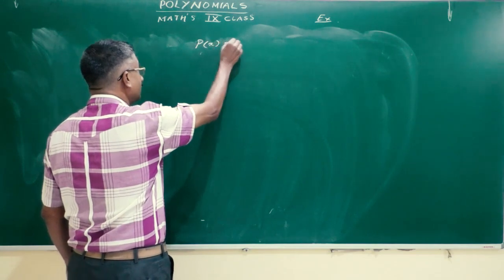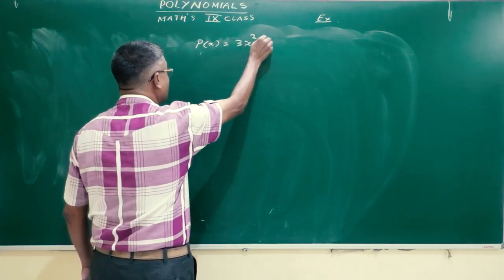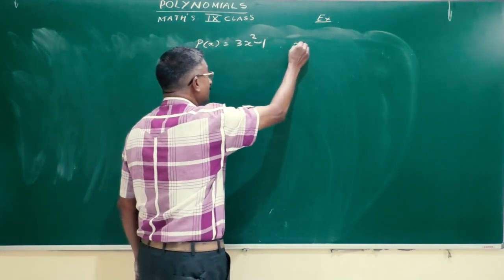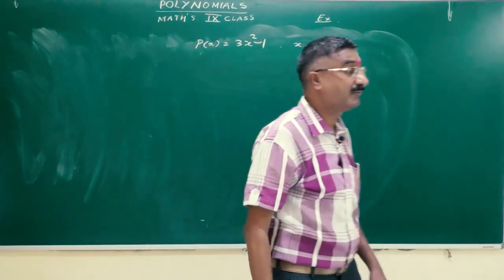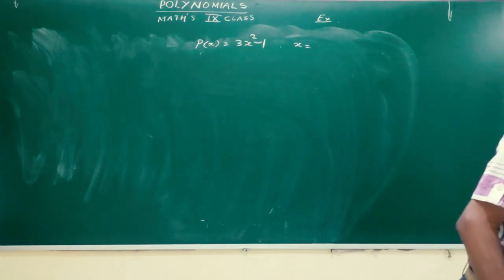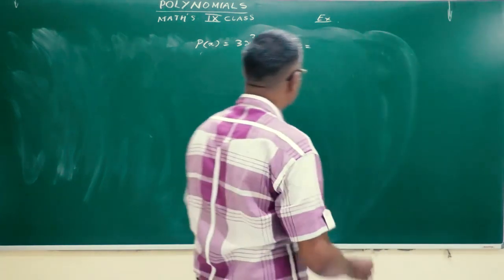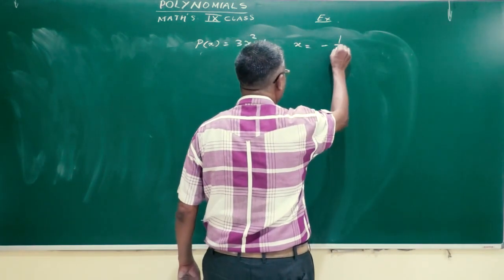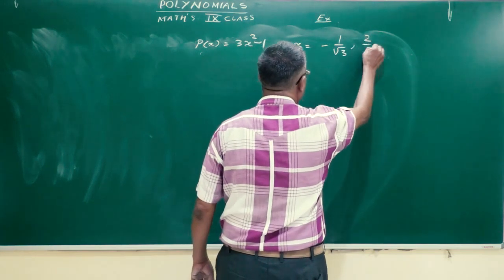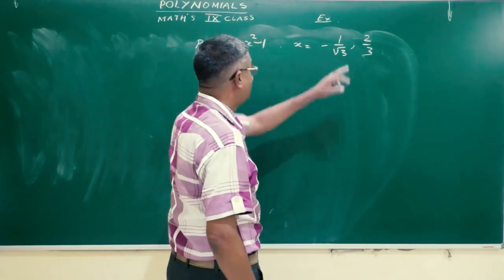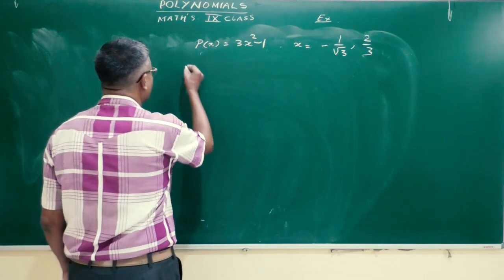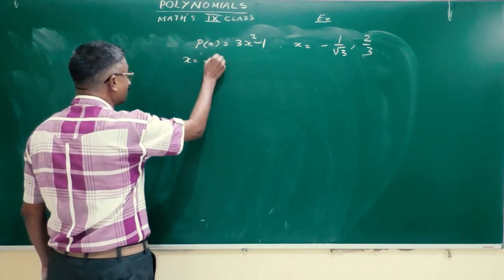Next problem is px is equal to 3x square minus 1. X square means there will be two zeros: minus 1 upon root 3 and 2 upon root 3. We have to substitute first minus 1 upon root 3, then 2 upon root 3. X is equal to minus 1 upon root 3.